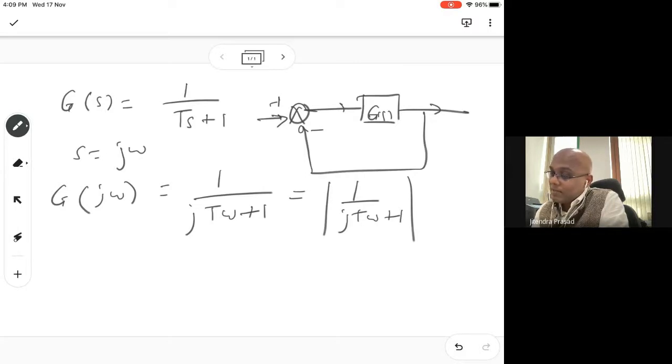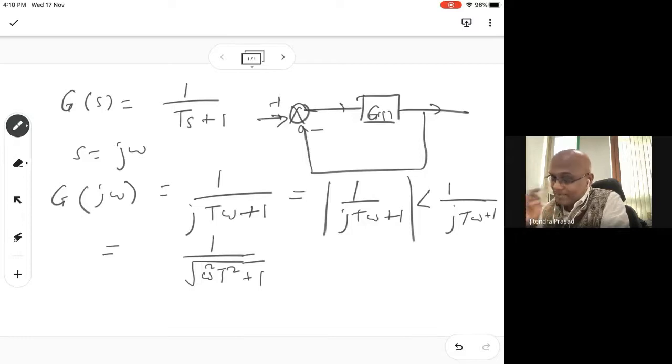And then you have the angle of 1 over j tau omega plus 1. Seeing the same thing, we are separating it. First we find the magnitude, and then we find the angle. The magnitude is simply 1 over root of omega square tau square plus 1.